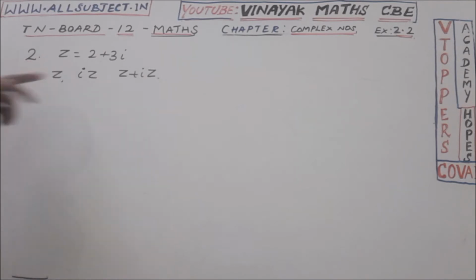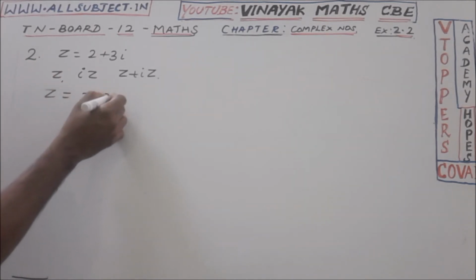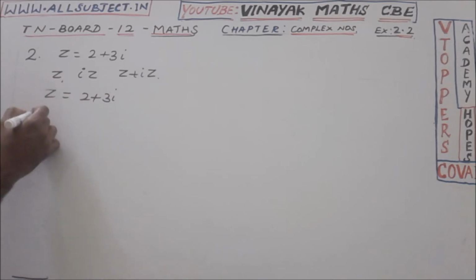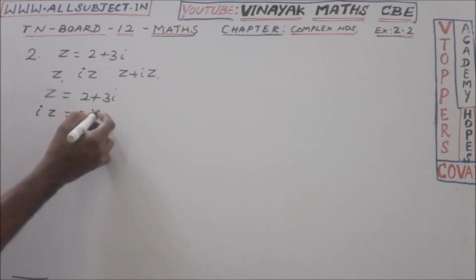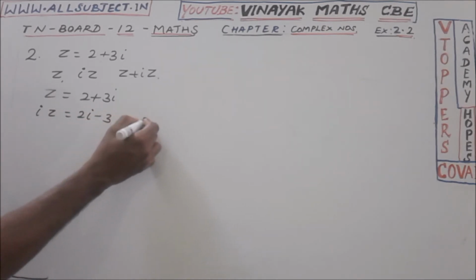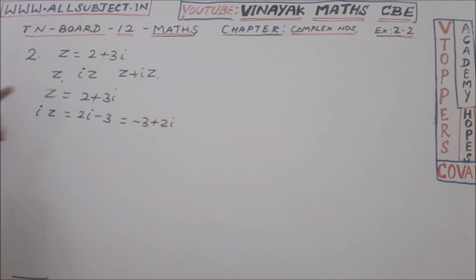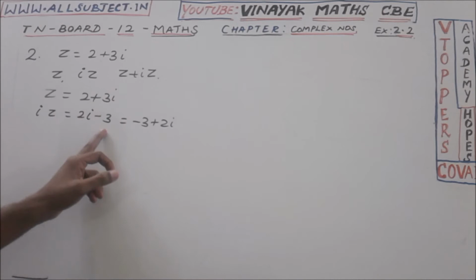Now z is given, z equal to 2 plus 3i, and iz equal to 2i plus 3i square, which is minus 3, so it is equal to minus 3 plus 2i. While multiplying by i, this is 2i, this is 3i square, i square is minus 1, so minus 3.